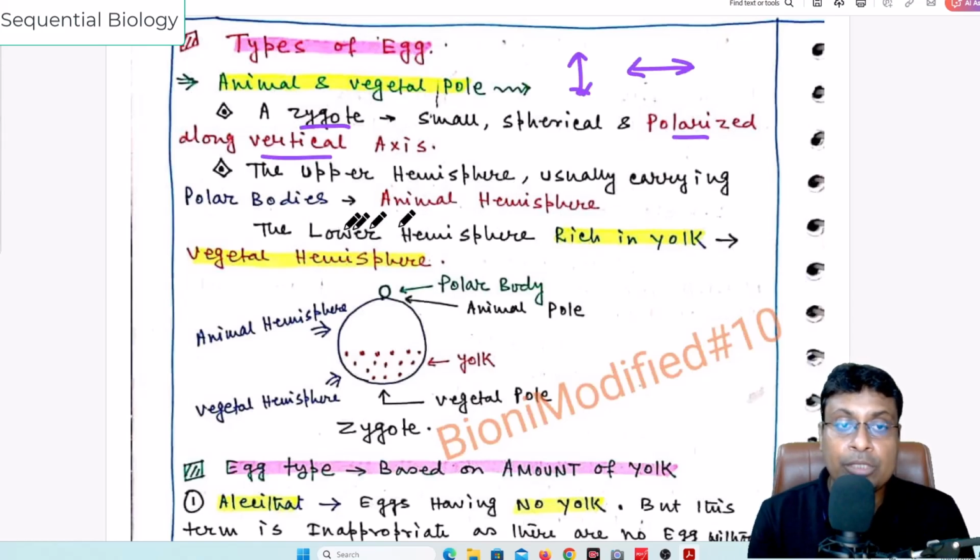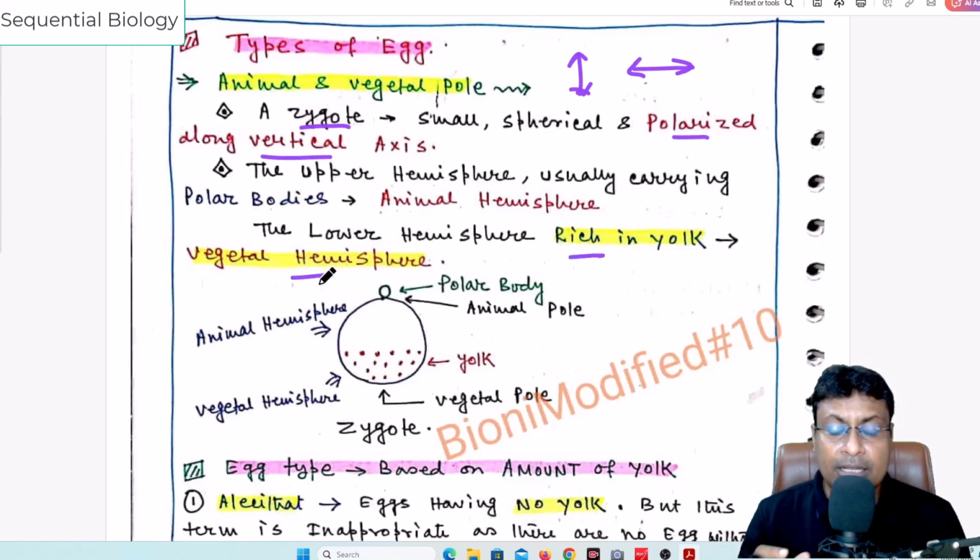The hemisphere usually carrying the polar body is the animal hemisphere. This is the upper region, which contains the polar body, and this region is known as the animal hemisphere in the zygote, and the lower hemisphere, rich in yolk, is known as the vegetal hemisphere.